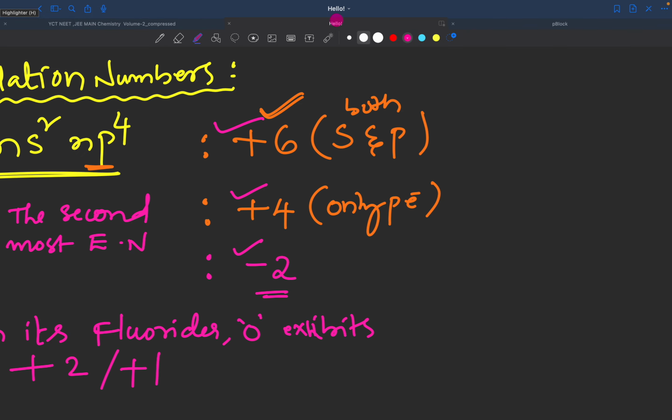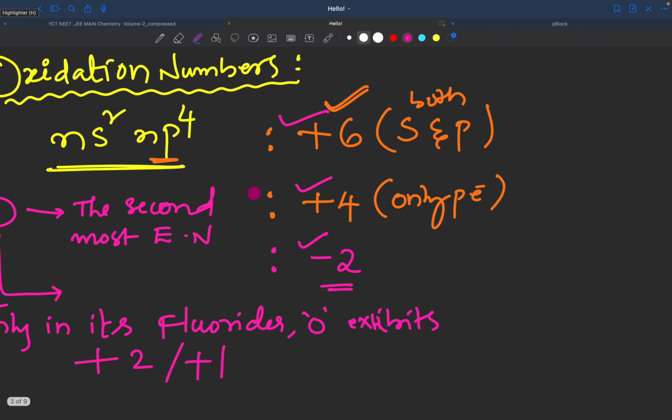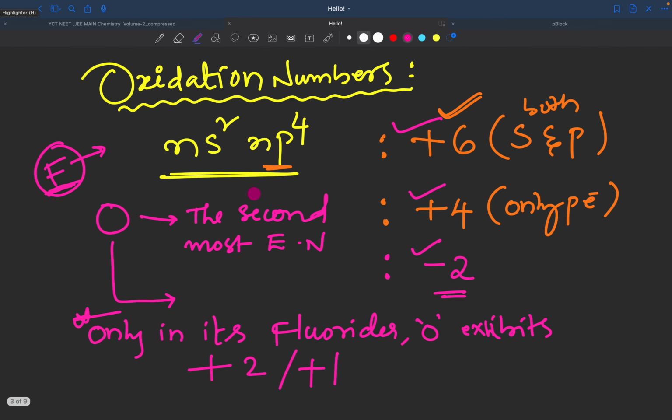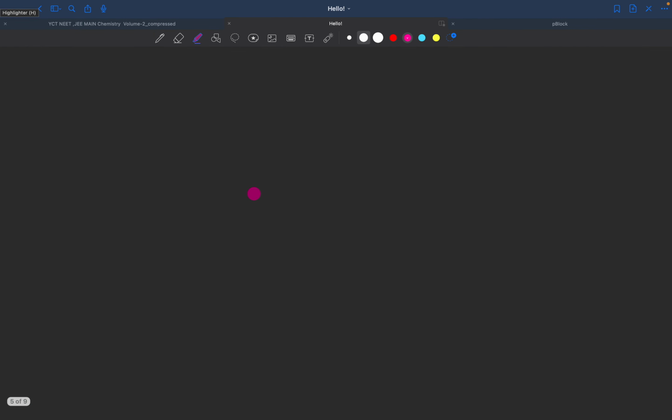Okay. So these are the oxidation numbers. We'll go to the next part. What do we talk about? Chemical properties. What do we have to study in chemical properties?